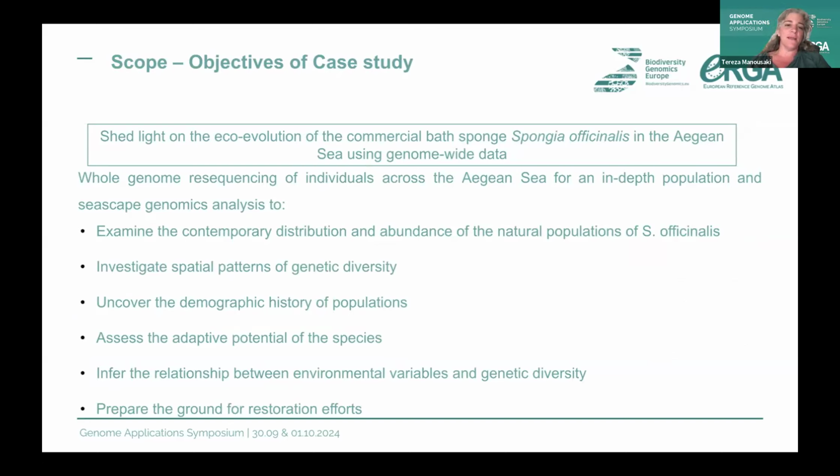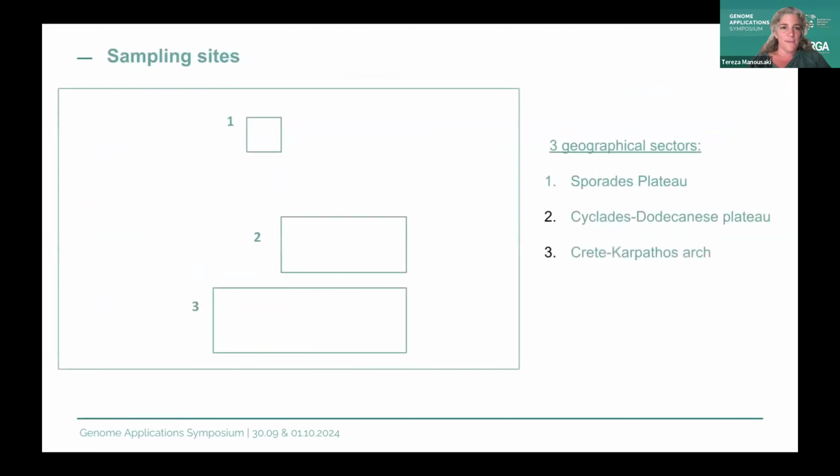And we want to examine the distribution, the abundance of the populations, the patterns of genetic diversity, the demographic history, the adaptive potential, the seascape genomics, so the relationship with environmental variables, and probably the response to the climate change that is really intense in this region, and set the ground for future restoration efforts. So that's what we are aiming at doing.